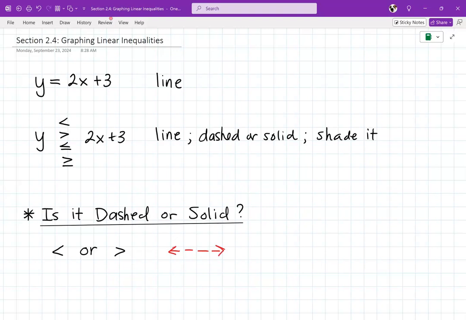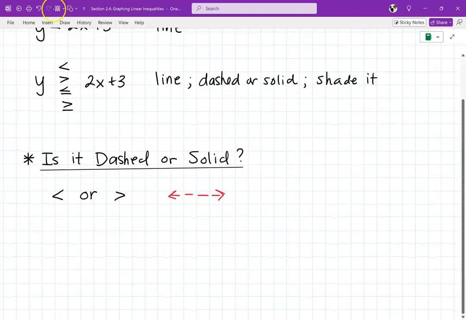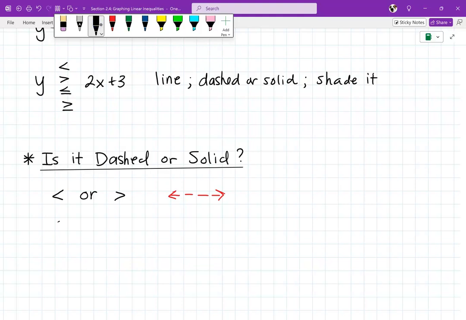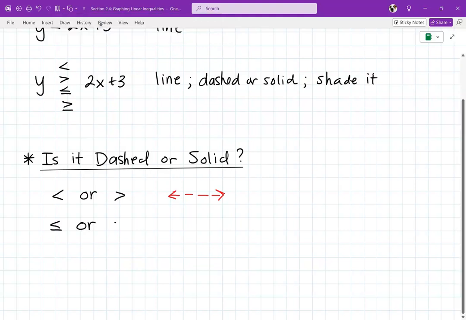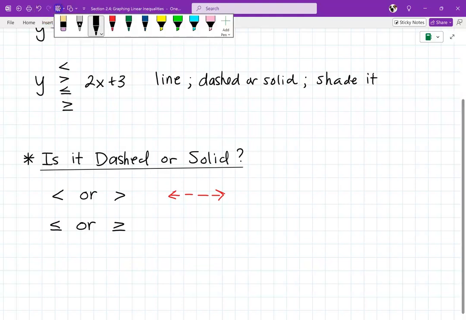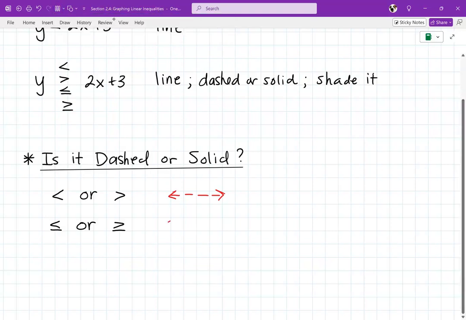If it says less than or equal to or greater than or equal to, it doesn't matter which one, this will result in a solid line, a normal looking line. As long as it says or equal to, it's going to be solid. If it doesn't say or equal to, then it's going to be dashed.